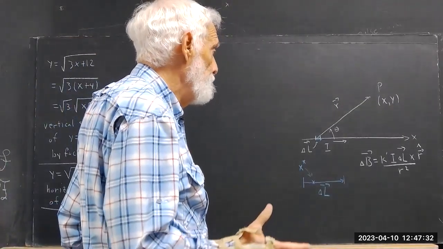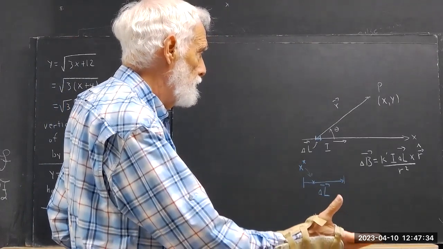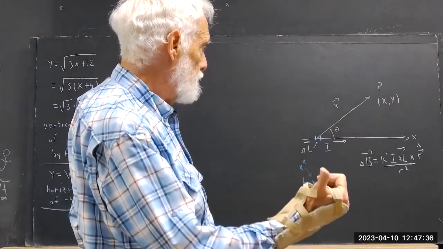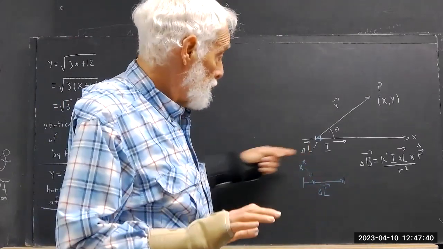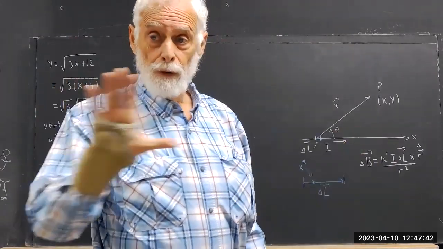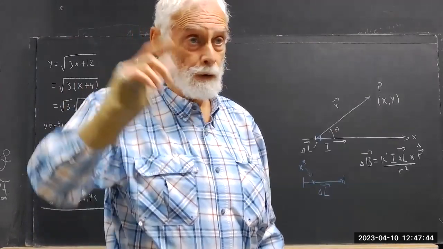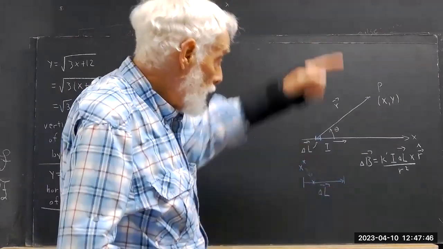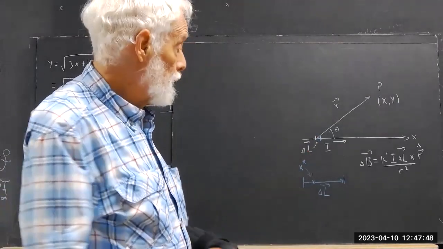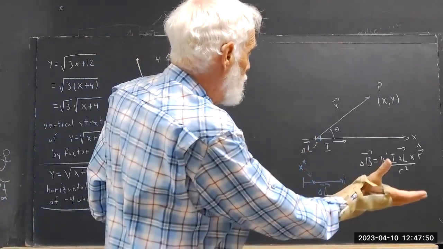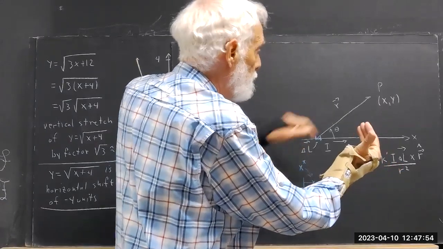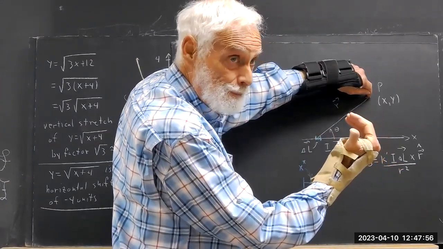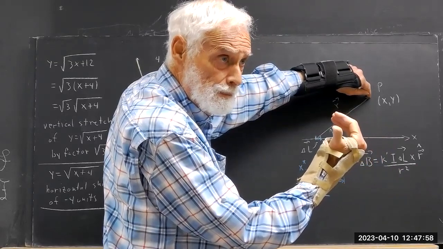If I delta L cross R, it would be out of the board. If this is the current, put your thumb in the direction of the current, your fingers curl around the axis in the direction of the field, and that's consistent with I delta L cross R. Okay? You understand that?